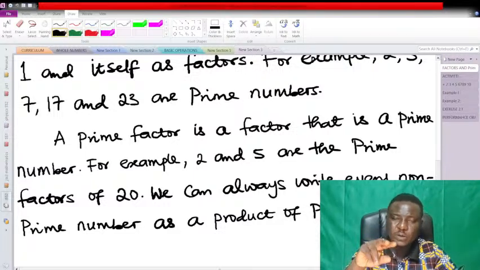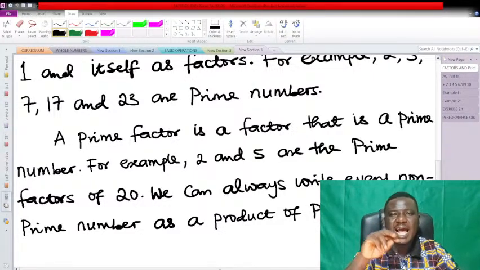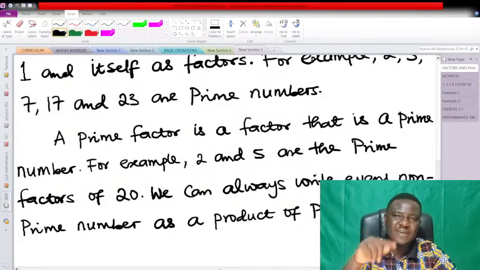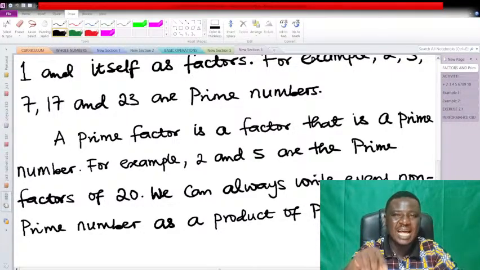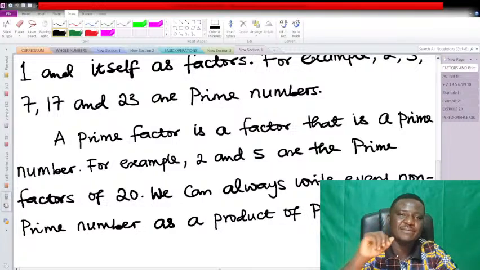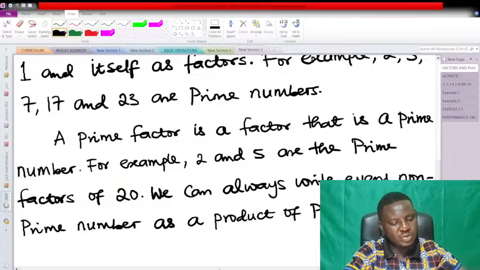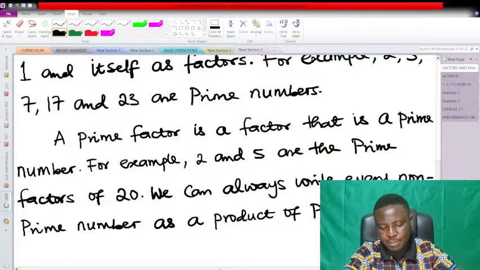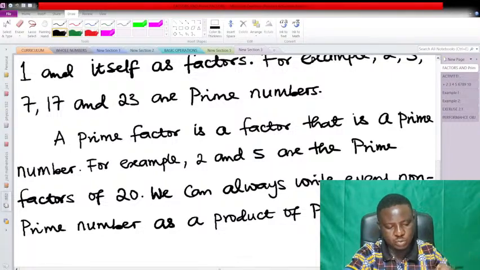This is because 2 and 5 are the only numbers that can divide 20 without a remainder and have only two factors that can divide them, which is 1 and then themselves. So we can always write every non-prime number as a product of prime factors.